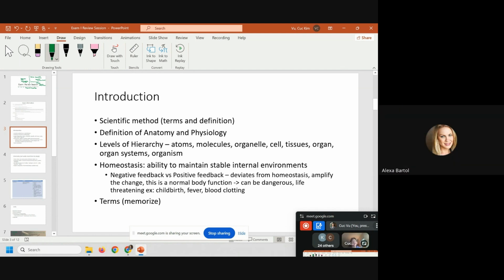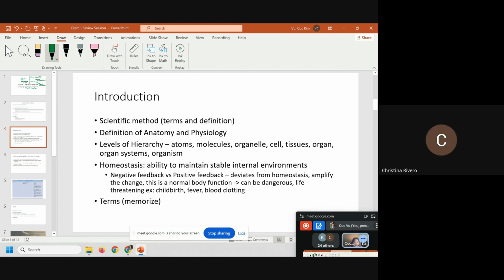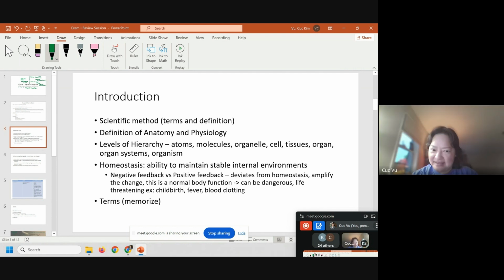Structure, where things are. There you go. Anatomy specifically is the study of structure. It's like the heart, the lung, the lung has so many lobes. That's anatomy. Physiology then would be the study of how things work. Yes, exactly. So respiration would be physiology.